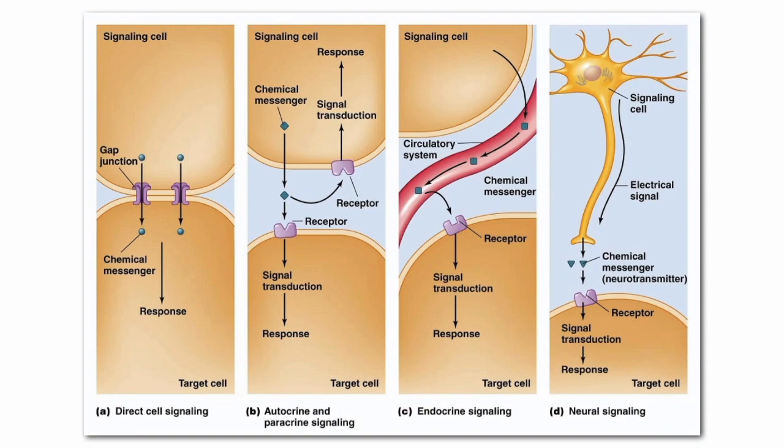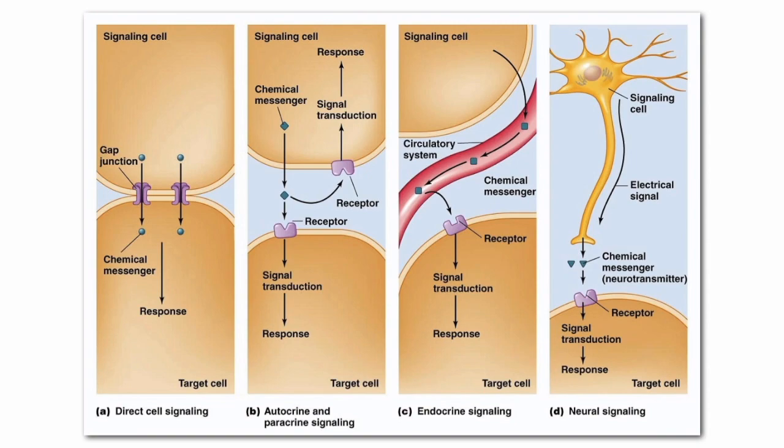Just FYI, there are even more types of communication using chemicals. For example, there's direct communication where cells are physically touching each other. And I know you've definitely seen this with gap junctions. There's also paracrine communication where the cells are in close enough proximity that the chemical doesn't even need to be released into the blood.